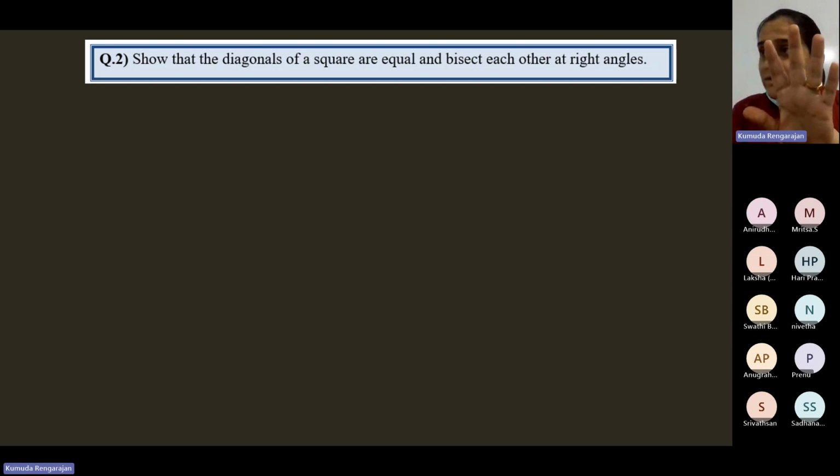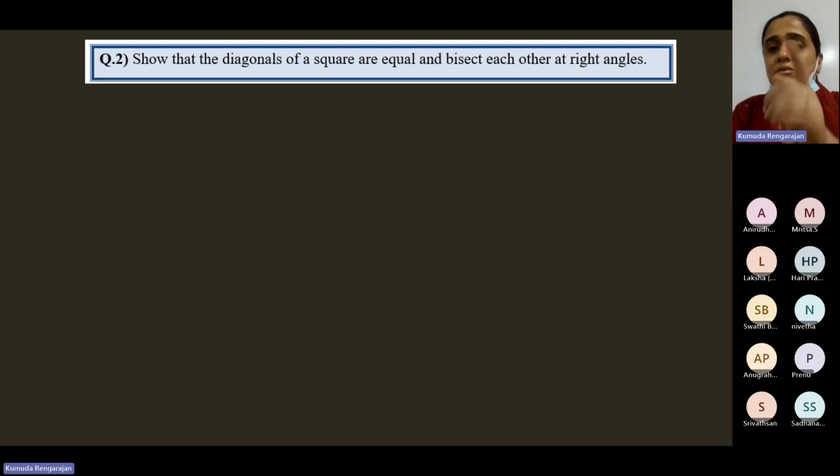It's a square. You'll have to verify the properties of the square. So given a square, show that the diagonals are equal, show that the diagonals bisect each other, and show that the diagonals intersect at right angles. These three properties you'll have to prove.